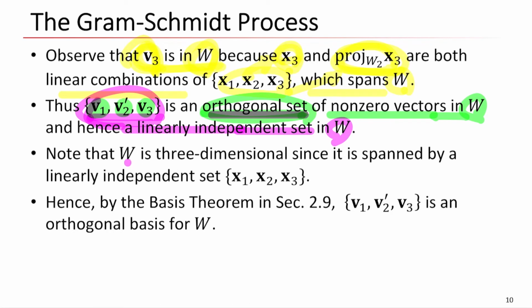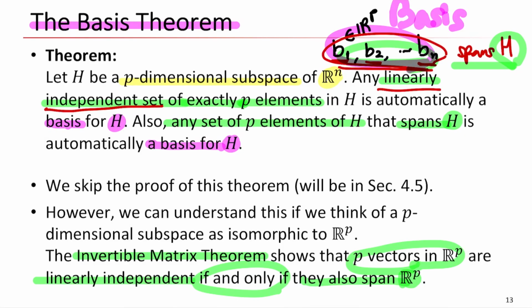And note that W is a three-dimensional space because it is spanned by the linearly independent set x1, x2, and x3, right? Then by the basis theorem in lecture section 2.9, which was lecture 7.2, there was a basis theorem.